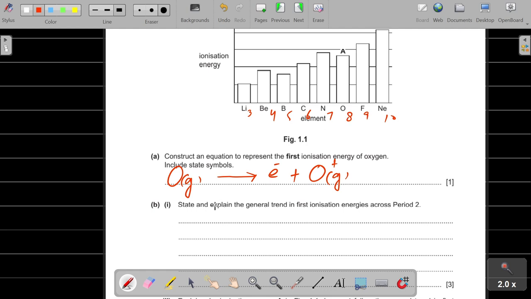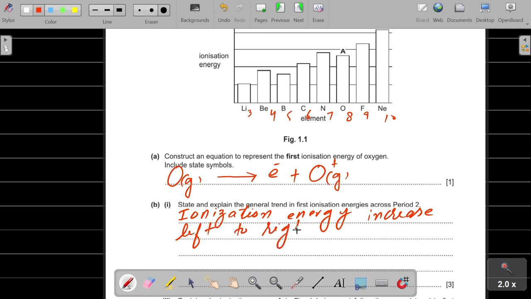Generally, ionization energy increases from left to right. So that is number 1 point for this information.